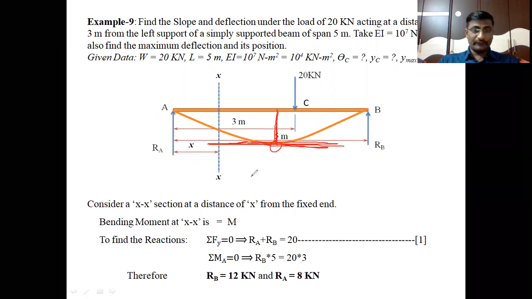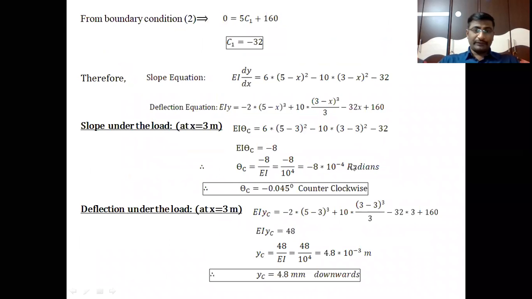If you put the slope value as 0, we will get the distance at which the slope is 0. How to get that value? If you put the 0 value in place of dy by dx, we know that the slope equation is EI dy by dx is equal to 6 into 5 minus x whole square minus 10 into 3 minus x whole square minus 32.